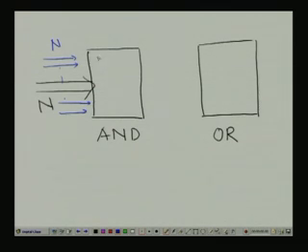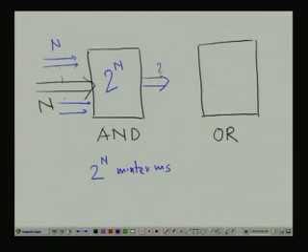Here the AND array can represent 2 to the power n minterms, because n input variables give 2 to the power n minterms. The outputs are fed to my OR array, and this OR array gives m outputs.